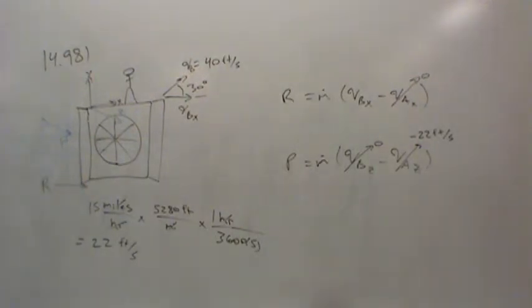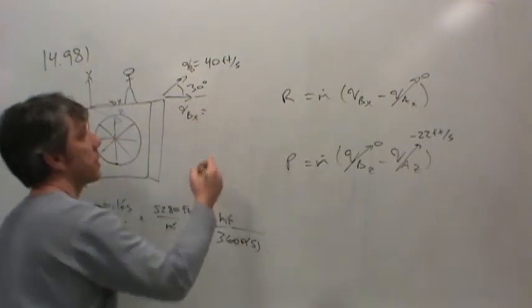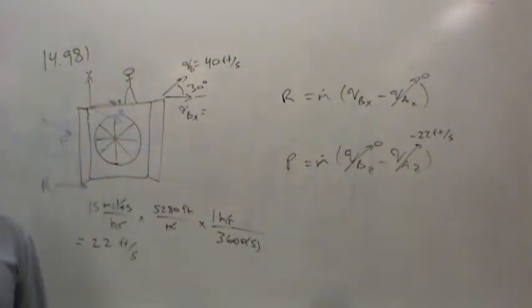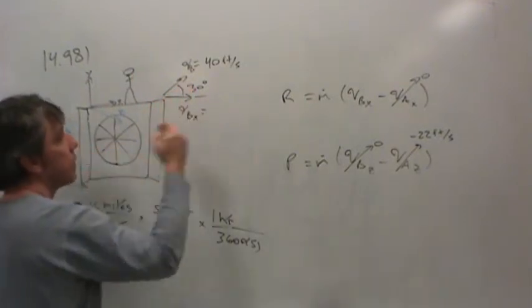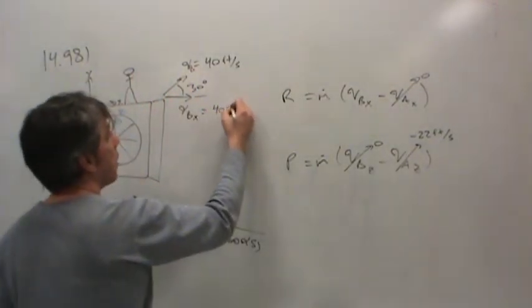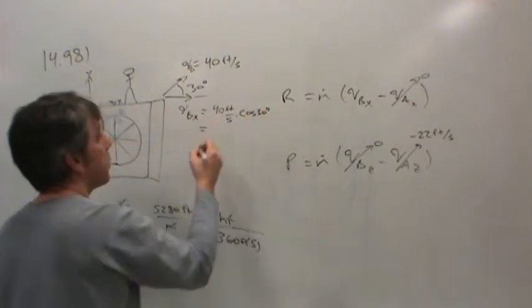How about VBX? How would we calculate VBX? Any ideas? Cosine, that's right. So we want this component, it's touching the angle, so we'll have to take 40 feet per second times the cosine of 30 degrees. When you do that, what do you get?